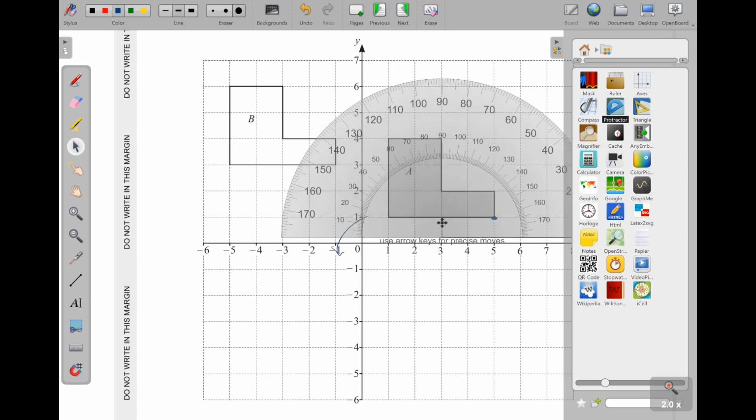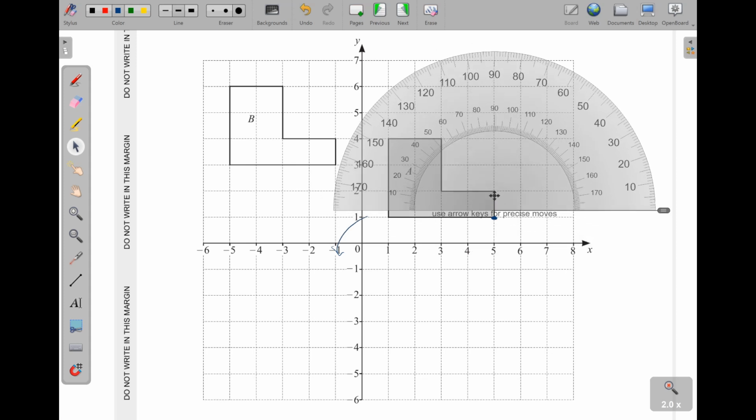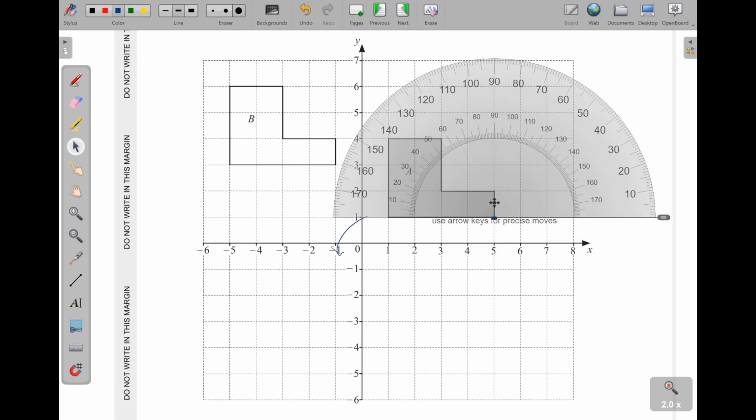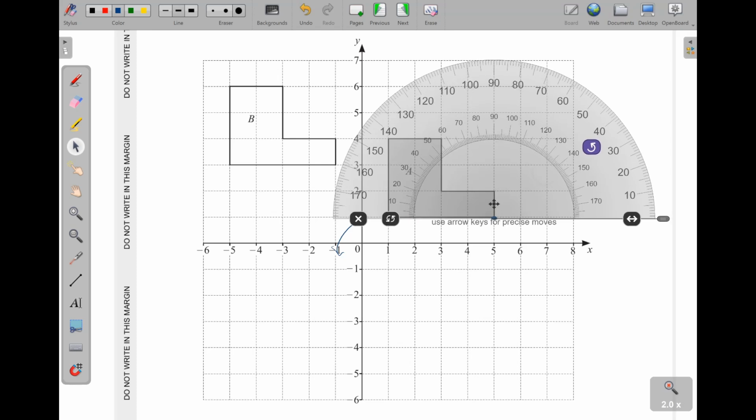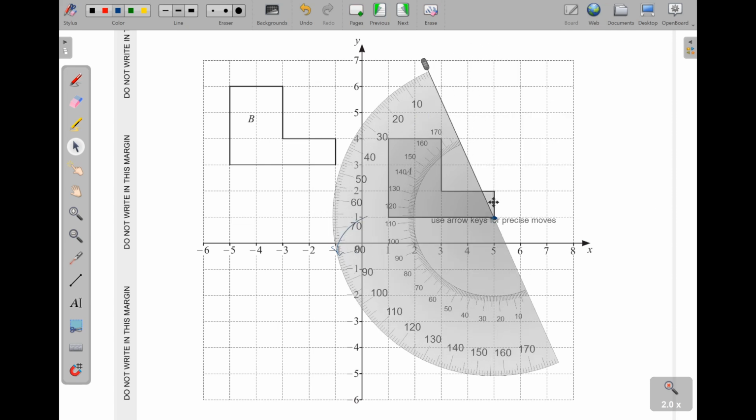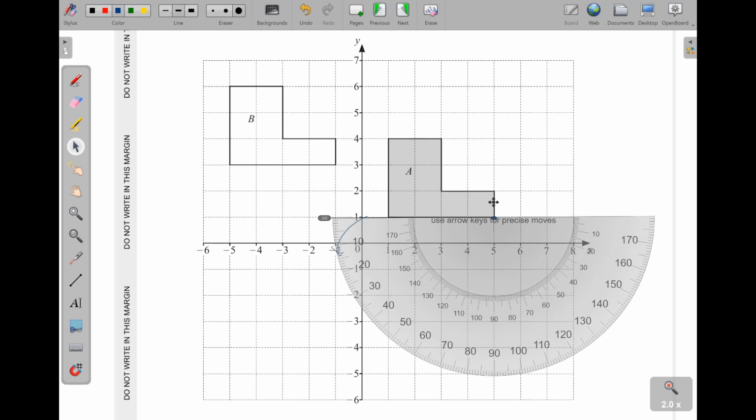You can put the protractor here at the center, which is 5, 1 there. Just like that. The line of the protractor must coincide with this other line here. I'll put it like that. So I want to rotate this part here by 90 degrees.